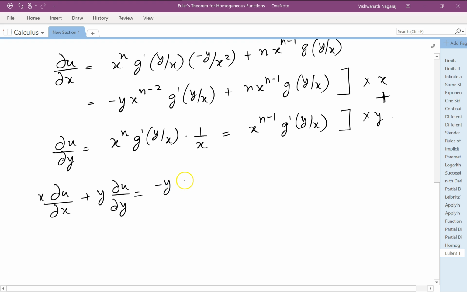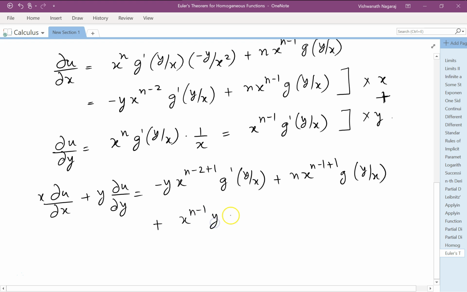So minus y, x to the power of n minus 2, multiply x means plus 1, g prime of y by x, plus n x to the power of n minus 1 plus 1, g of y by x, plus now we are multiplying y, so x to the power of n minus 1 y g prime of y by x.